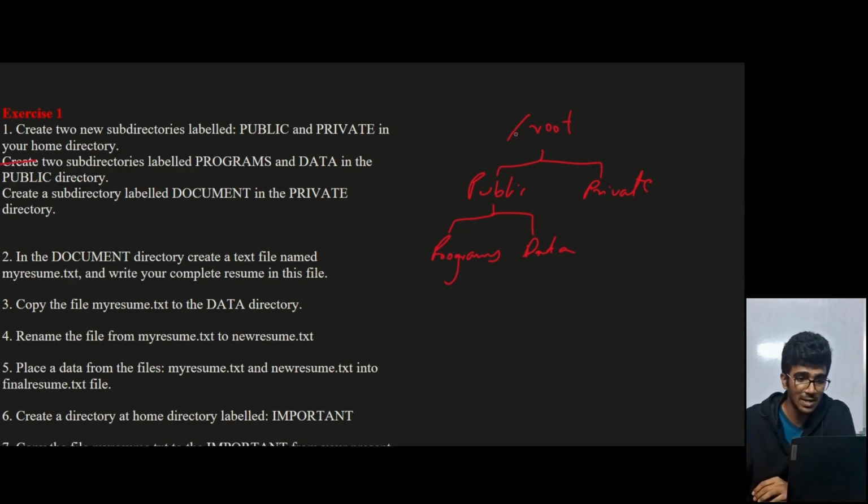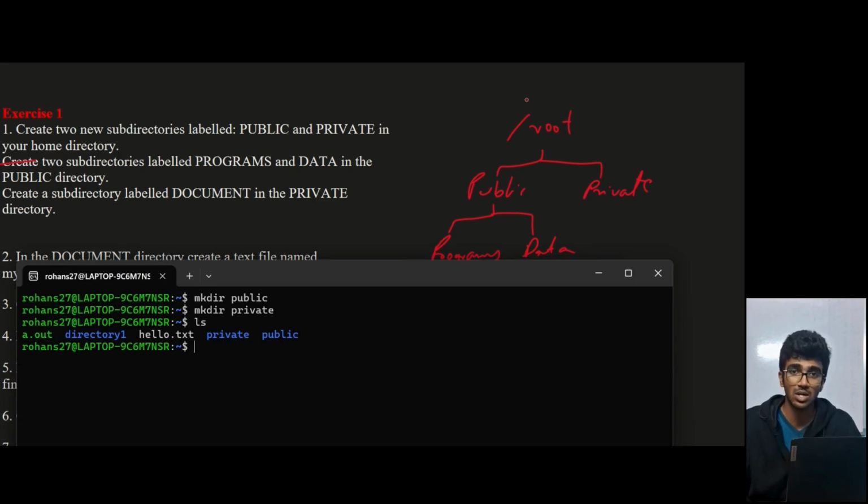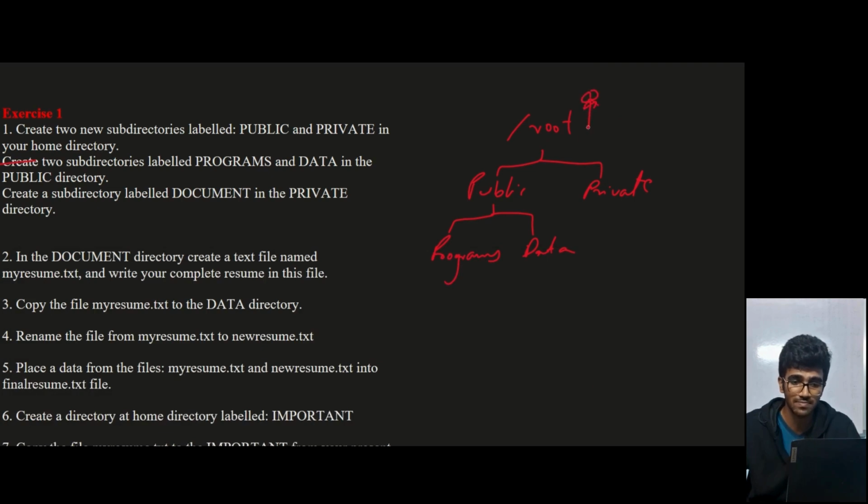Now presently, beside the dollar prompt you have your home address, that is, you are presently located over here. We learned that cd stands for change directory, and if you use that, you move to another directory.